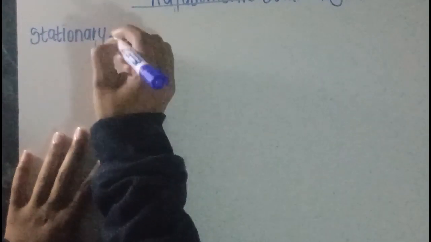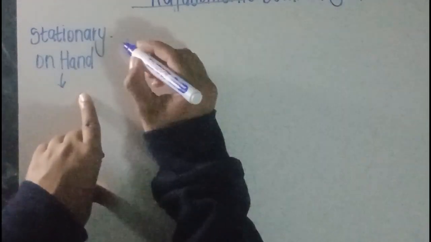Okay, so usually they give you an amount on the trial balance or statement of financial position, and they're like stationery on hand, right? They give you stationery on hand, right? So I want you to understand that this is the closing.